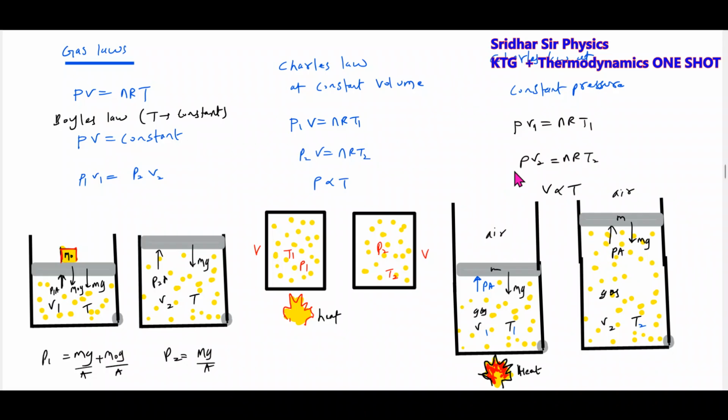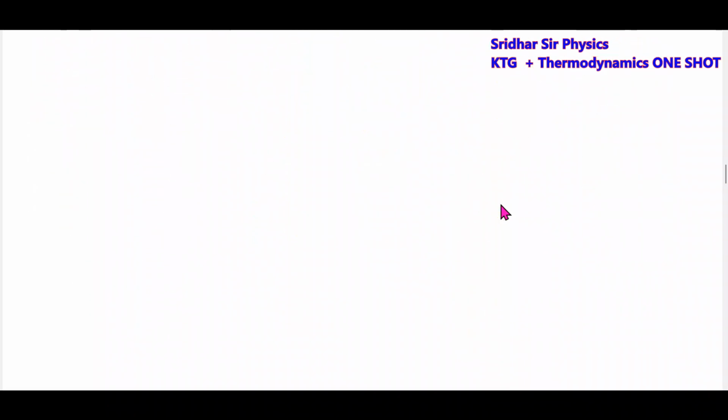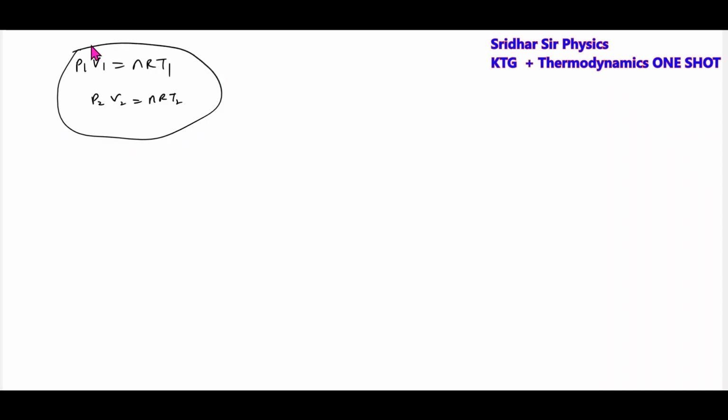Then we can have a situation where all three are variable. P1 V1 equals nRT1, P2 V2 equals nRT2. It is possible that I supply heat, the temperature will increase, volume will increase, pressure will increase. Or pressure will decrease, volume will decrease. So all three can be variable.